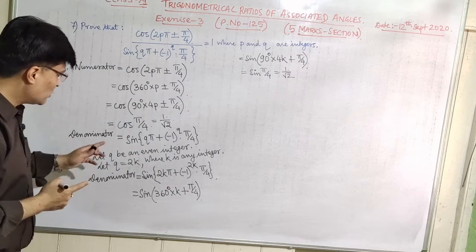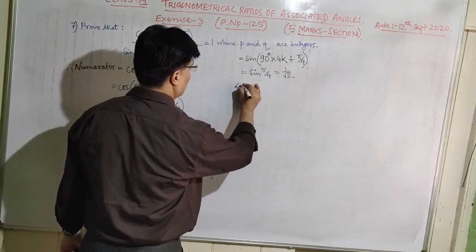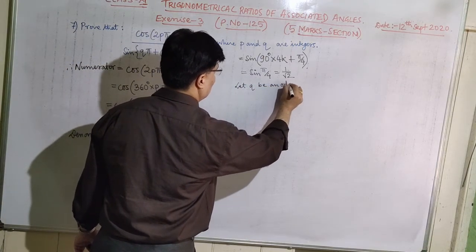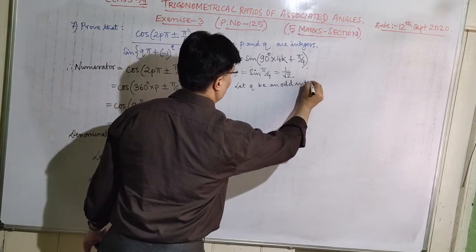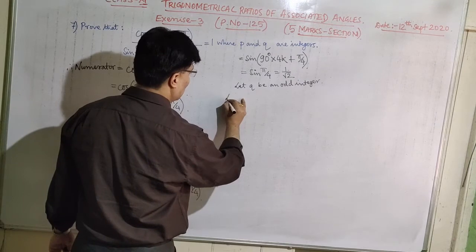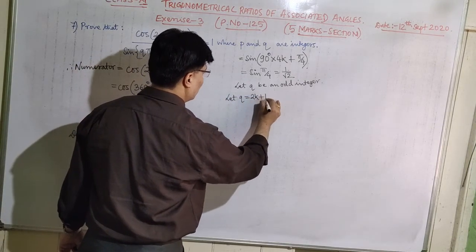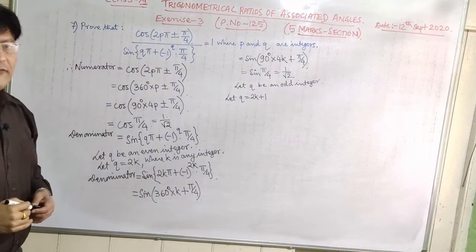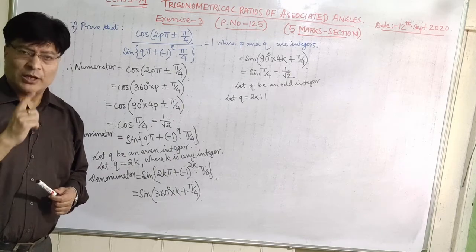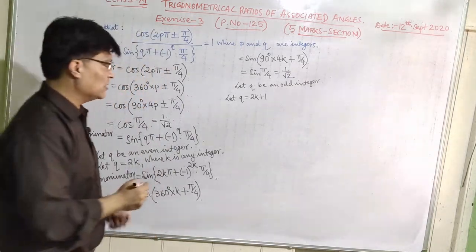Now let us assume q is an odd integer. Let q be an odd integer, so let q equal 2k plus 1, where k is any integer. If any integer is multiplied by 2, it will be an even integer. If you add 1 to the even integer, it will be an odd integer.